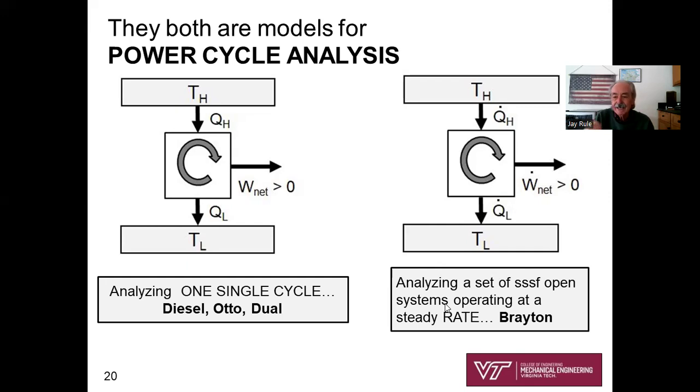You're going to be drawing a TS diagram to visualize that process differently than the internal combustion processes. But on the Brayton, the diesel, the Otto, and the dual, you're going to be asked in the problem statement to analyze it using the air standard model or the cold air standard model.